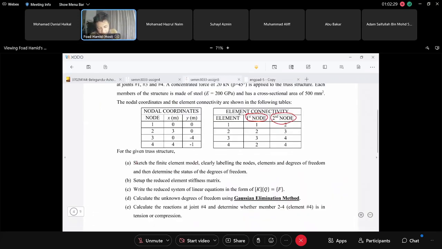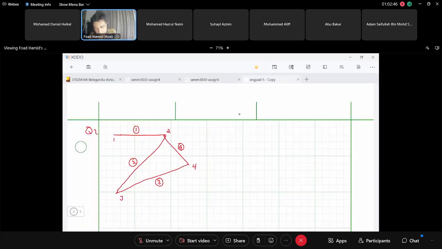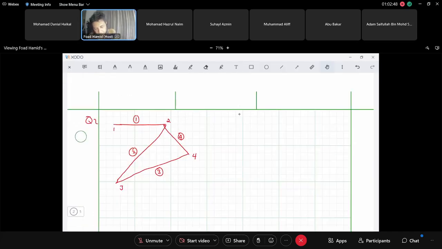Okay, this is the numbering, but I think the question asks more than that. It says sketch the finite element model, clearly labeling all the nodes and the elements. We have done all this, and degrees of freedom. So how many degrees of freedom do we have here? Let me change pen color so it will not confuse you.